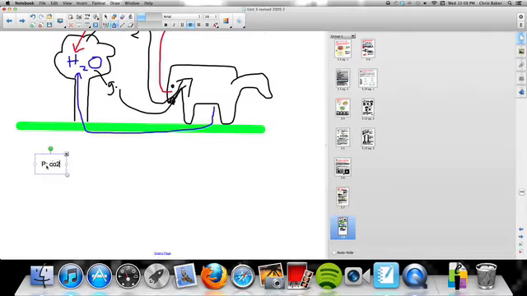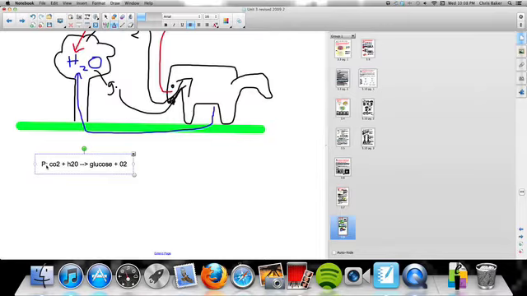CO2, right, plus H2O lead to glucose and oxygen. Okay. That's photosynthesis.